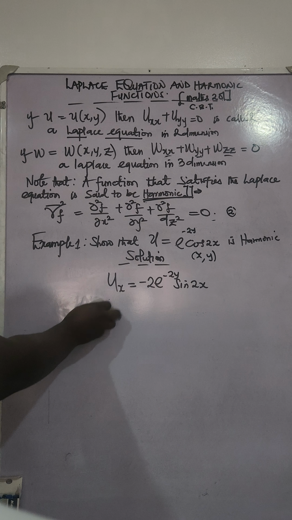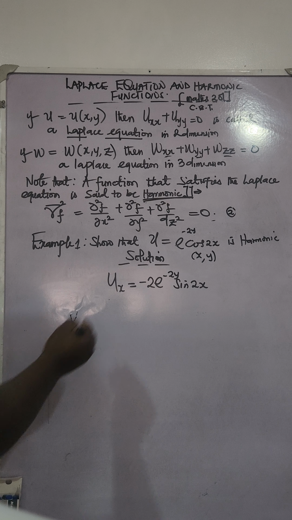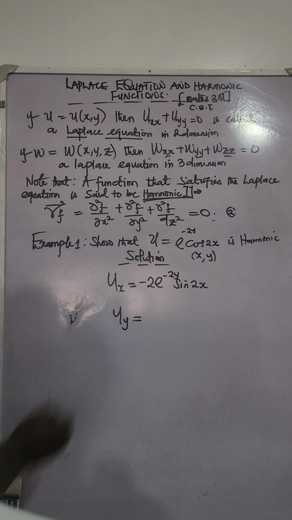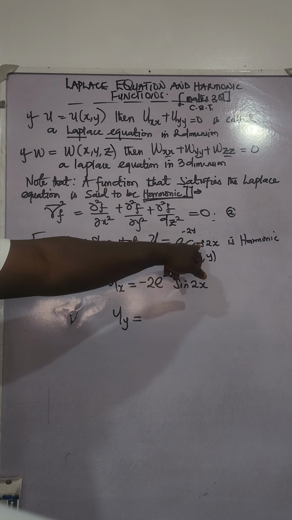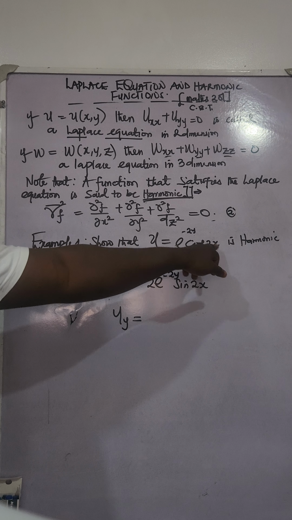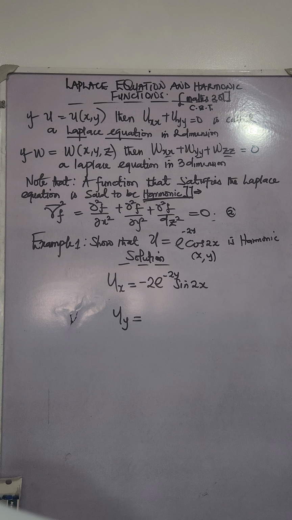Okay. Now that you have it as this, now let's do with respect to y, since we are dealing with two independent variable system. So with respect to y of this function, now we are going to pretend as if we didn't see cos 2x. We are dealing with e to the power of minus 2y this time around.